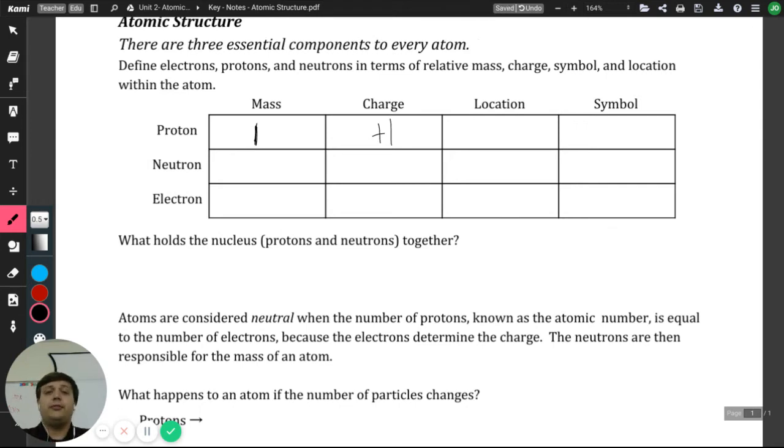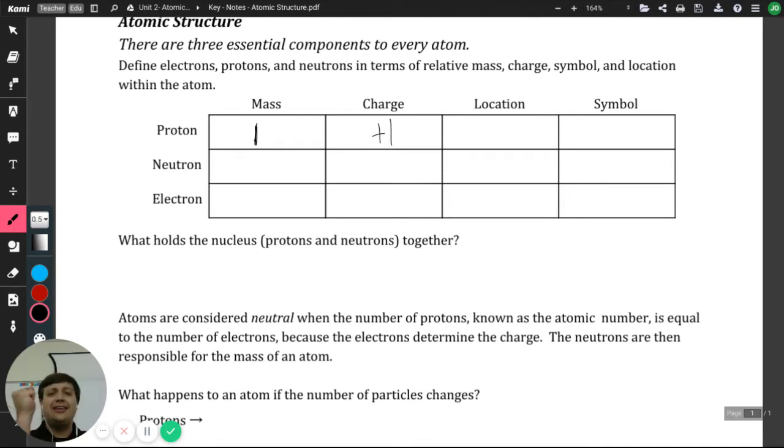So it's positive. Now, what that means is that when we've got those attractive forces, like with a magnet, you've got one side that's positive and one side that's negative, right? That positive side attracts what? Well, it attracts negative things, right? Opposites attract. So protons are positive. Now, where do we find them? Well, we find them actually inside of the nucleus.